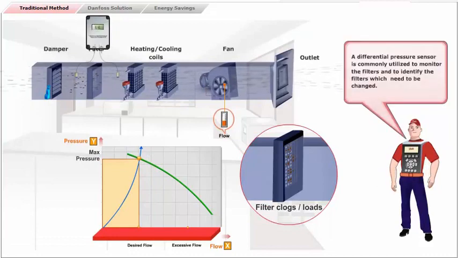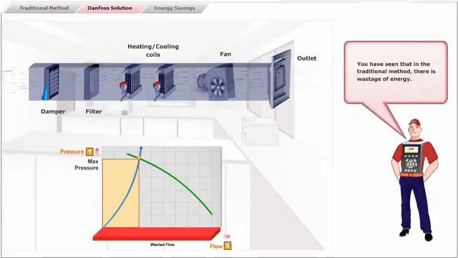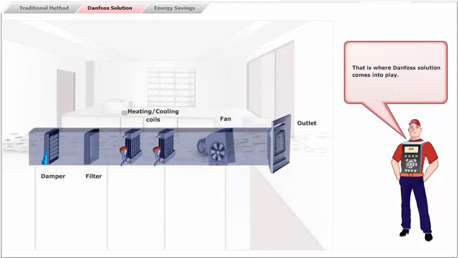A differential pressure sensor is commonly utilized to monitor the filters and to identify the filters which need to be changed. You have seen that, in the traditional method, there is wastage of energy. How can we overcome this wastage? That is where the Danfoss solution comes into play.